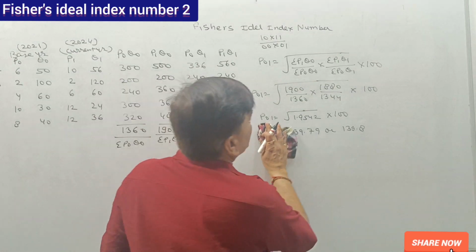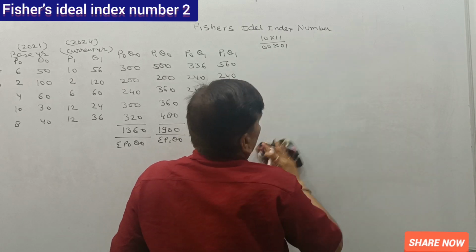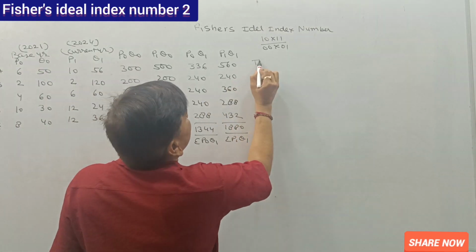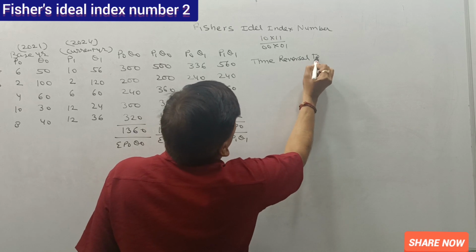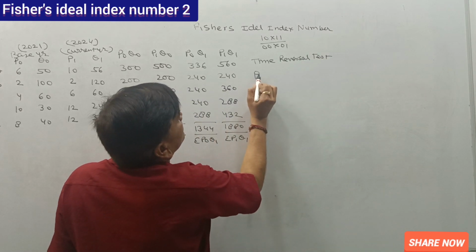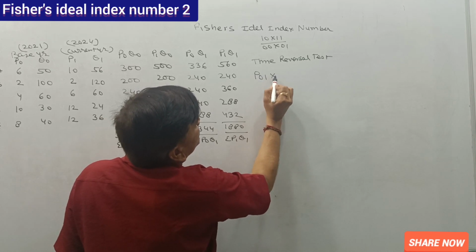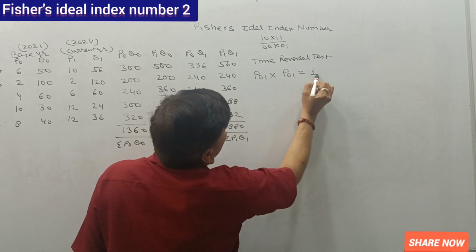Just for that, we have 2 or 5 minutes. First one is the time reversal test. The time reversal test says the index number of the current year on the basis of the base year, and the index number of the base year on the basis of the current year, their multiplication should be 1.